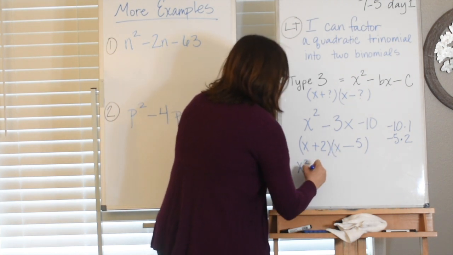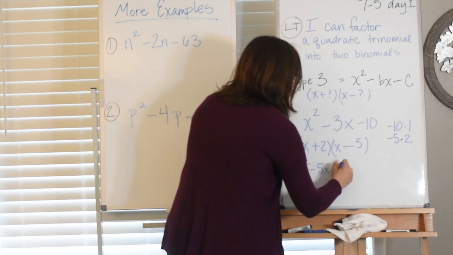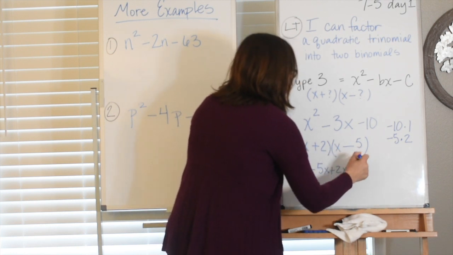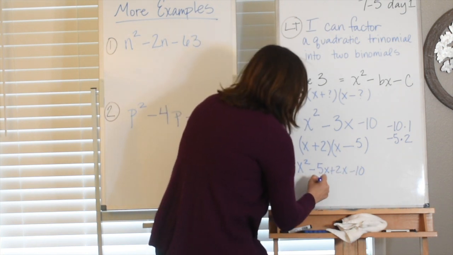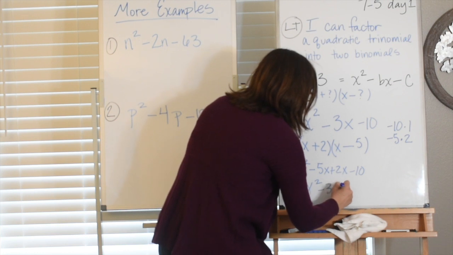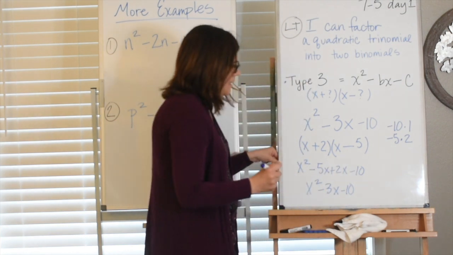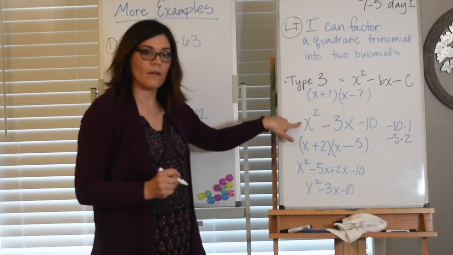Negative 5 times x is negative 5x. 2 times x is positive 2x. 2 times negative 5 is negative 10. When I add those middle terms, I get x squared minus 3x minus 10. All right, excellent. This is the correct factored form of this.